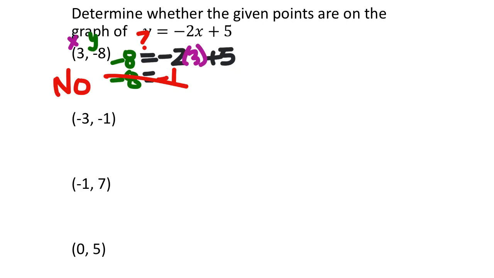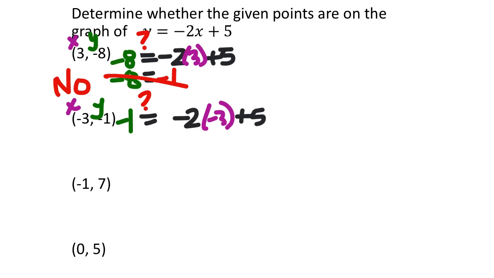Well, what about -3, -1? So again, -3 is x, -1 is y. So I got -1 equals -2 times now -3 plus 5. Well, this one's going to be close, and I'll put a question mark over my equal sign. Does -1 equal this?